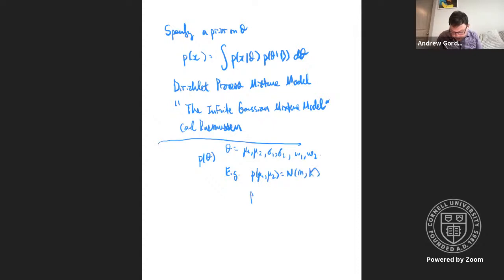For the sigmas, we have flexibility over what we want to use, but often the inverse gamma distribution is a reasonable choice. And for the weights, we would use a Dirichlet distribution.